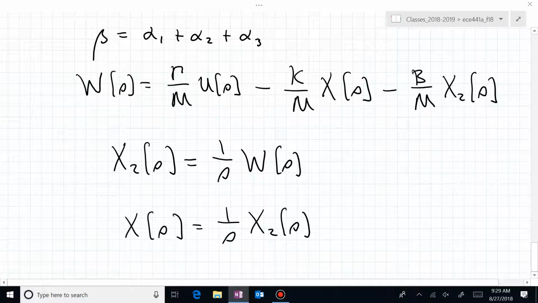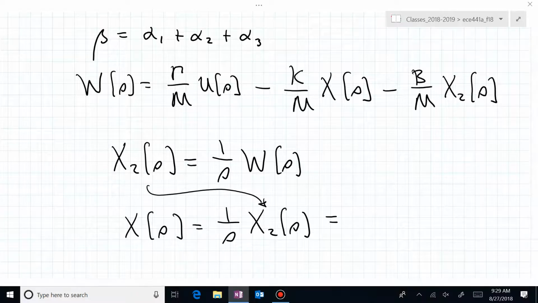And now we know how to replace X sub 2 with an X expression. We can just multiply both sides by S.